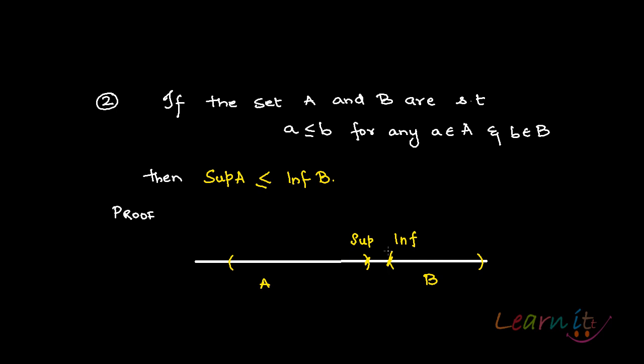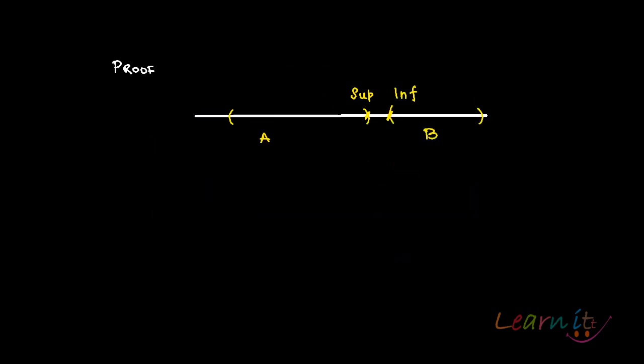And that means that supremum of A will always be less than or equal to the infimum of B. Okay, diagrammatically I've explained this to you. Now let's try to prove it mathematically.